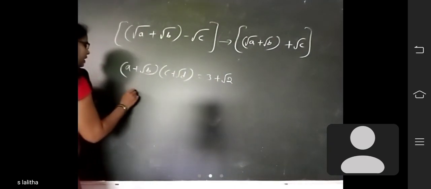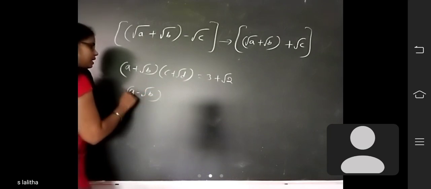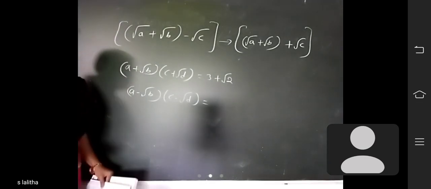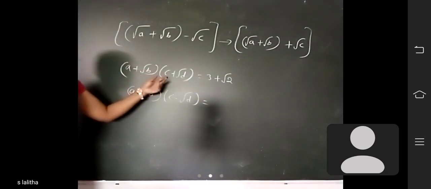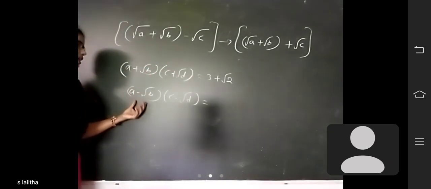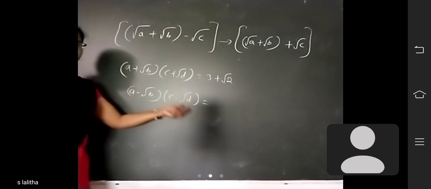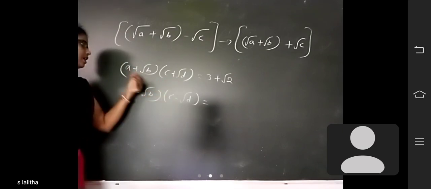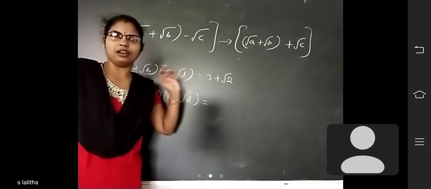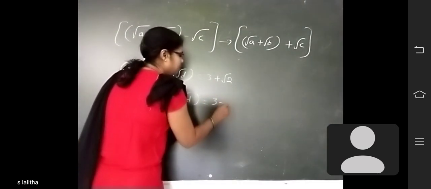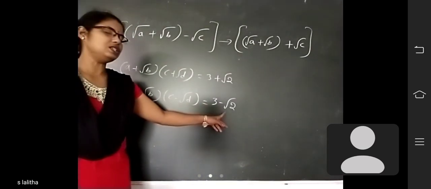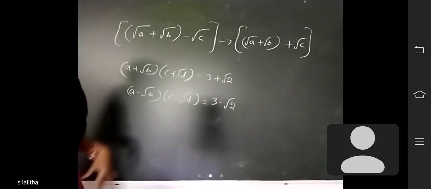Now you have to find a minus root b into c minus root d. Here the signs will be changed: here plus, here minus, here plus, here minus. So you have to change the sign on the right side also. So what is the answer? 3 minus root 2. Just change the sign only.